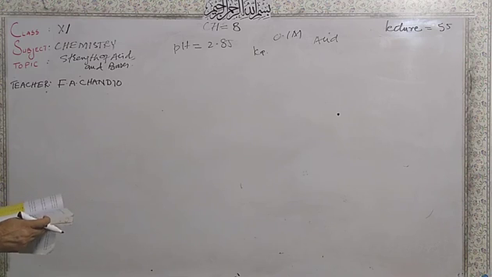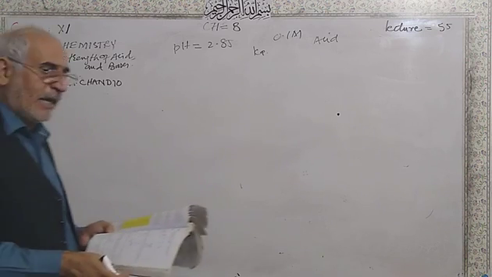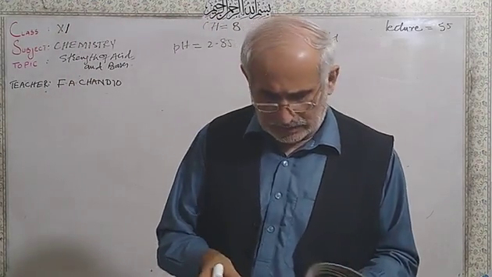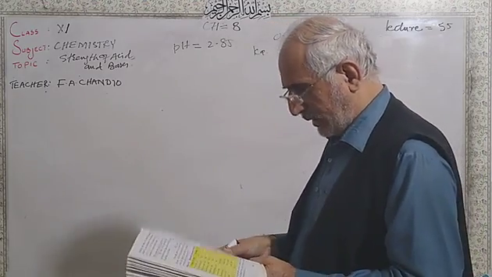You know that if we are going to calculate Ka, then we must have the value of the hydrogen ion concentration.